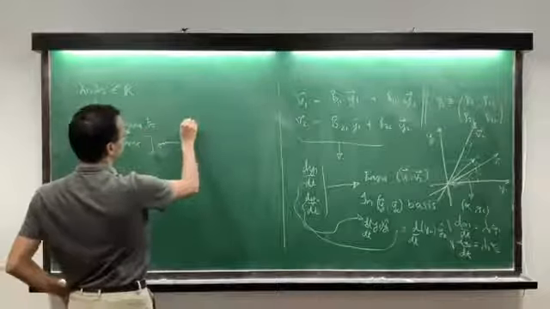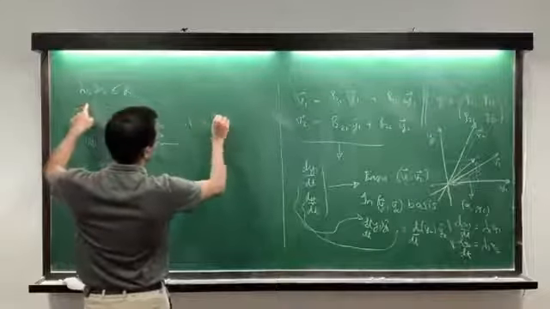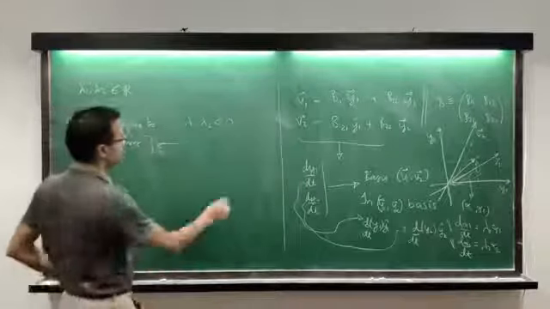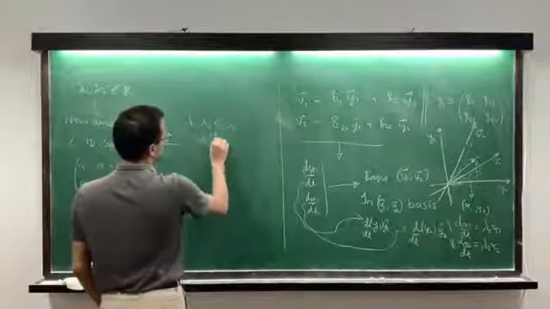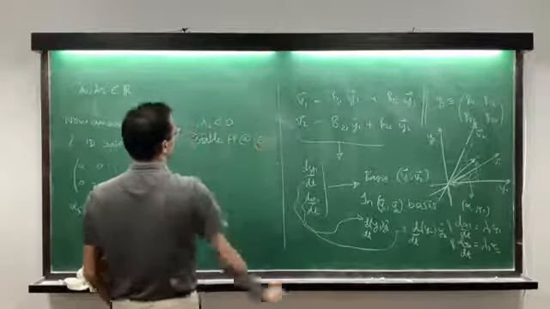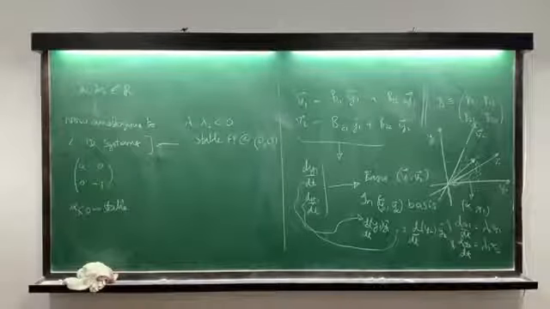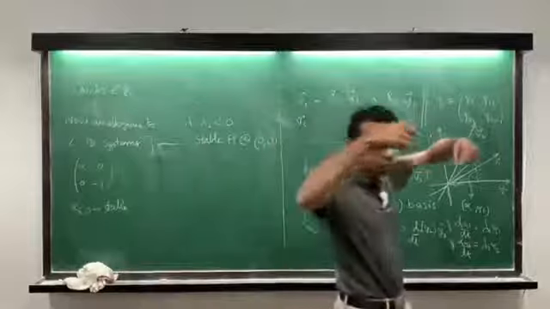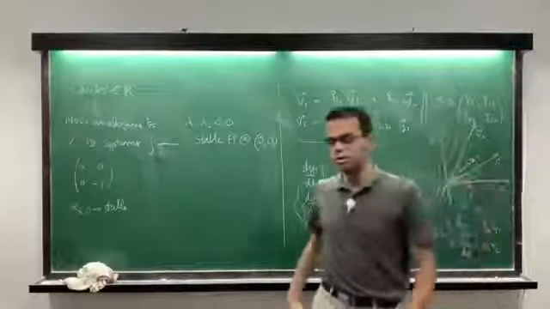So if lambda 1 and lambda 2, remember both are real, are both negative, then you have a stable fixed point at the origin, because both components will eventually decay towards the origin.